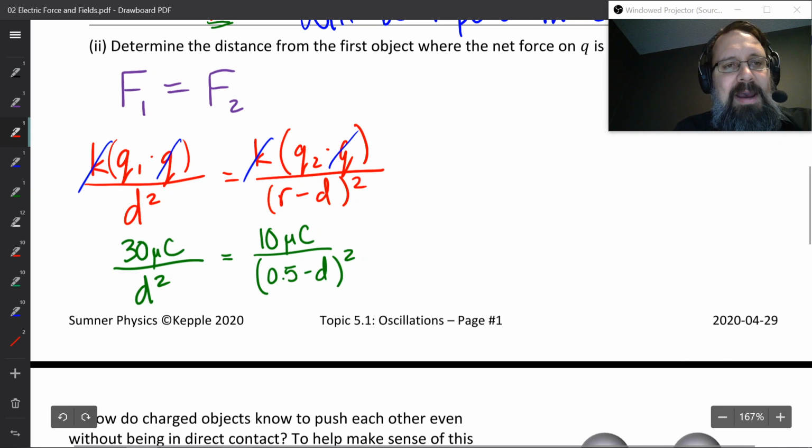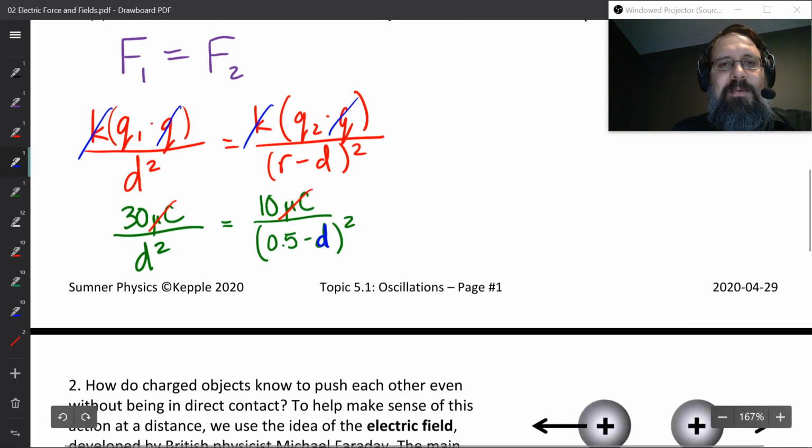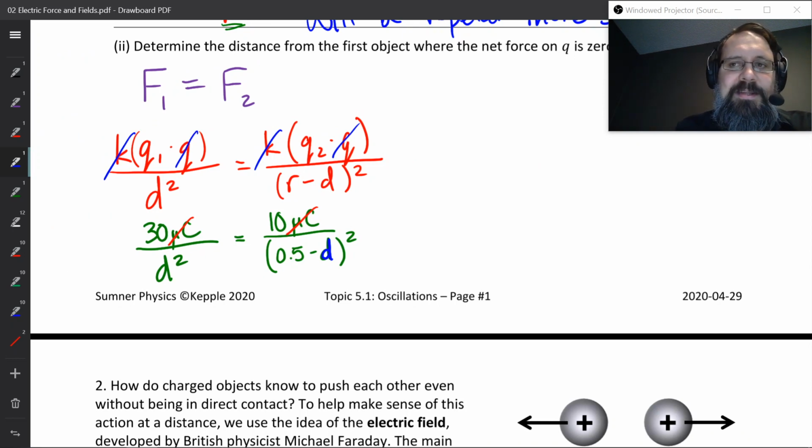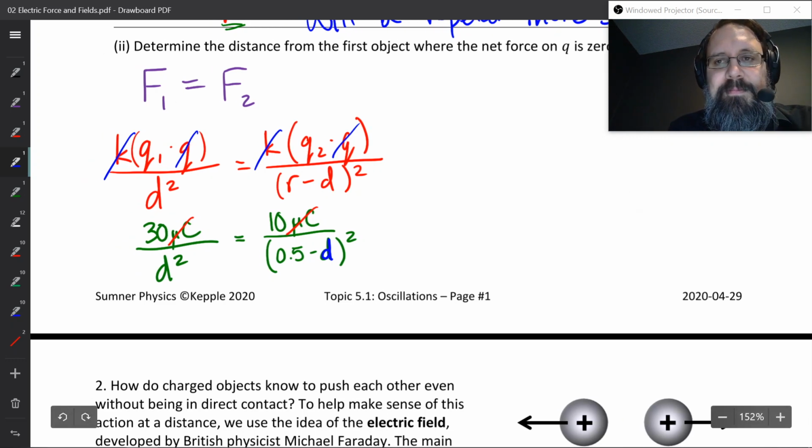You can see that the microcoulombs are going to cancel out, and we just have to solve for d. This is just a complicated algebra problem. The first thing I'll do is move the denominators to the opposite sides. We'll just multiply them over. So we're going to end up with 30.